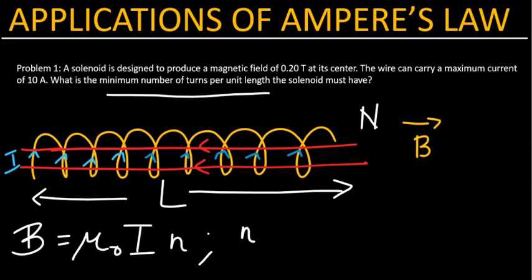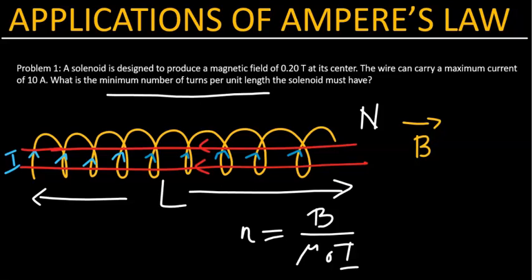Rearranging the terms and solving for n, we get magnetic field over mu naught I. So when I is maximum, then n is minimum. So let's substitute the given data. Magnetic field is 0.2 Tesla.